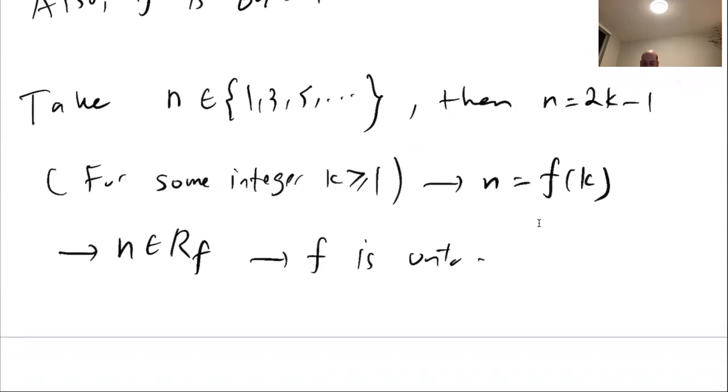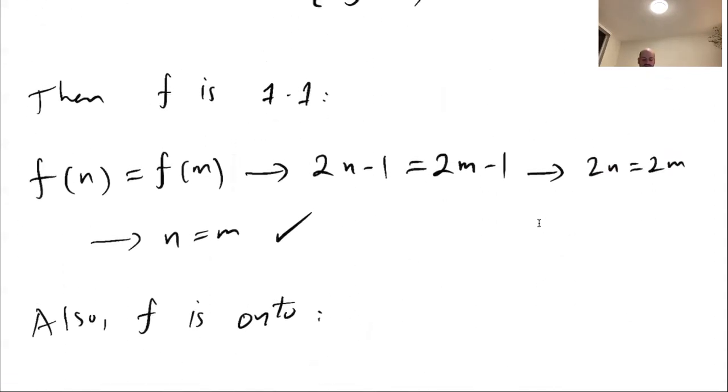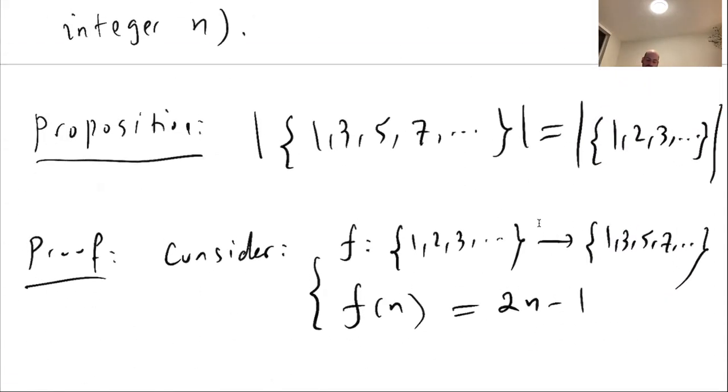If I show that every element in the codomain must be included in the range, then that means the function is onto. Well, there you are. So we showed that the set containing odd positive integers has the same cardinality as the set of all positive integers.